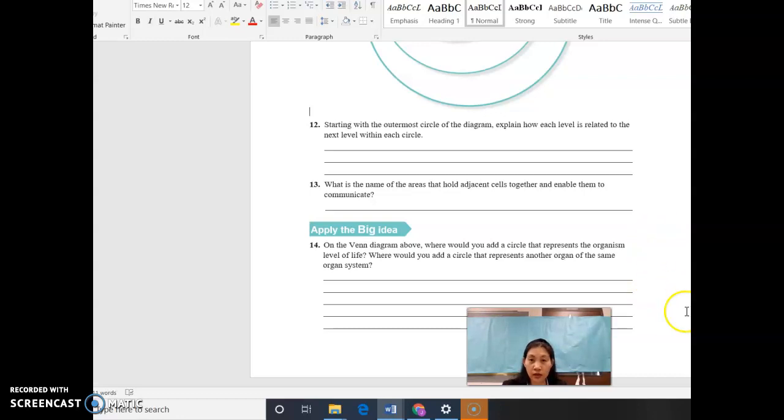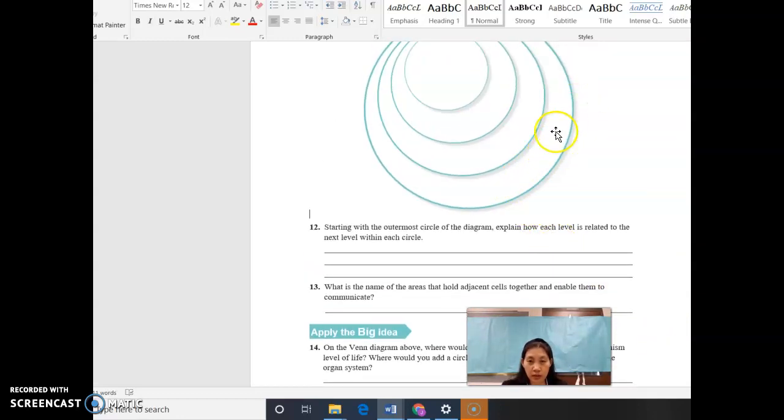A circle that represents another organ, the same organ system, would be drawn within the organ system circle, but would be separate. So you have cells, tissues, organs, and organ system. That's how you will do it.